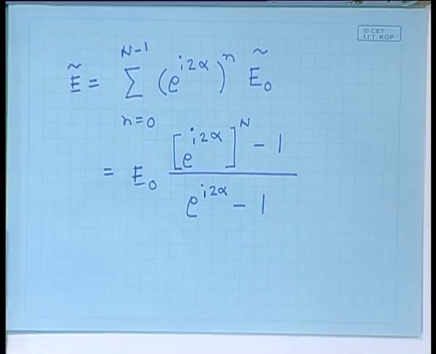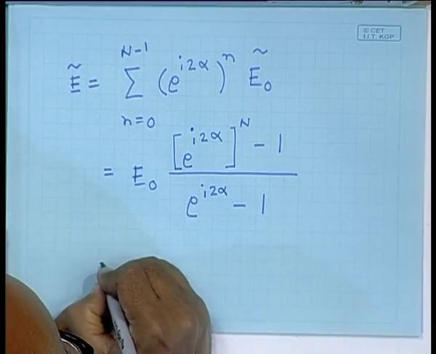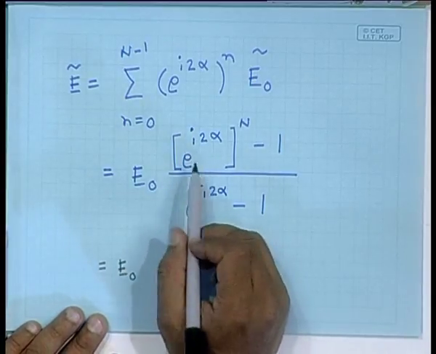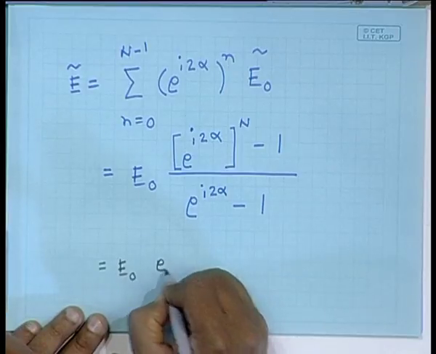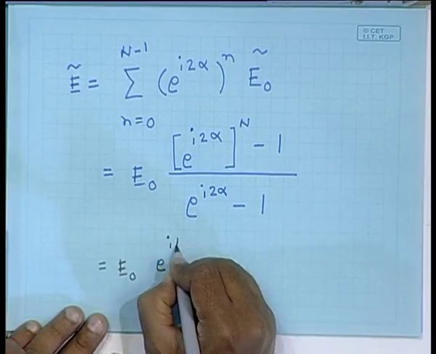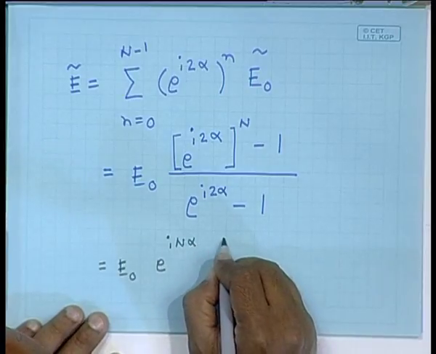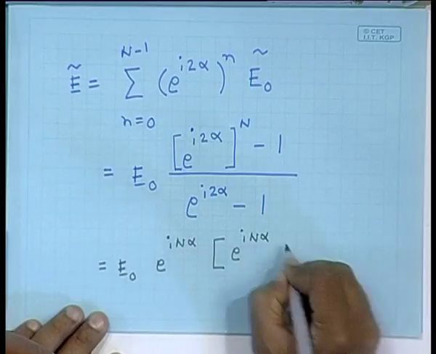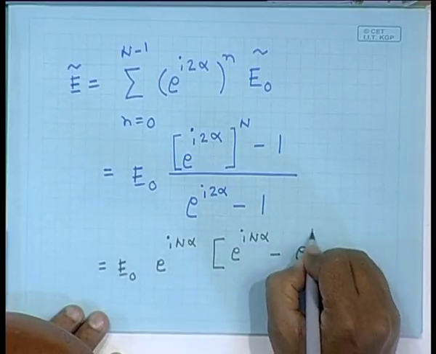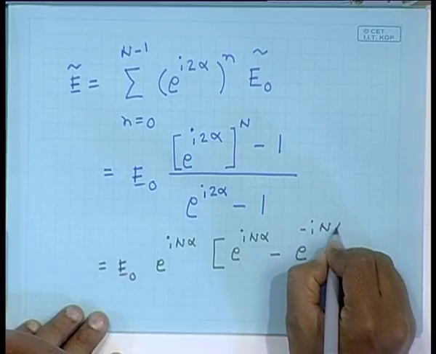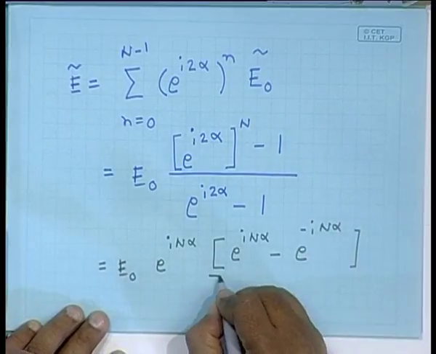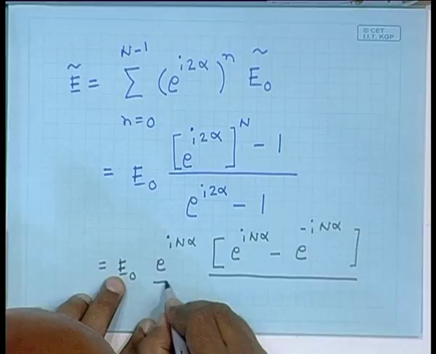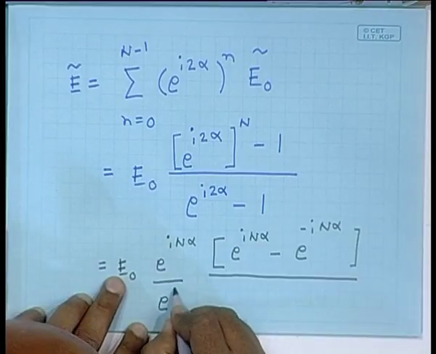We want to simplify this expression a little bit, and this can be done by writing it as E 0. I will take e to the power I n alpha common over here. So, I have e to the power I n alpha common, and then what I have over here is e to the power I n alpha minus e to the power minus I n alpha divided by, in the denominator I will take e to the power I alpha common.